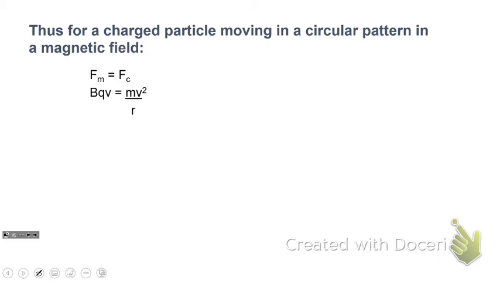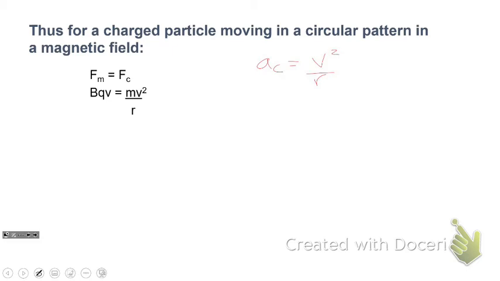This right here is not on your formula sheet, so you need to know how to get to there. Actually, I shouldn't say that, because you do get some information. You get ac is equal to v squared over r.